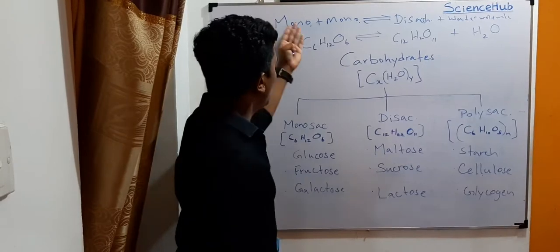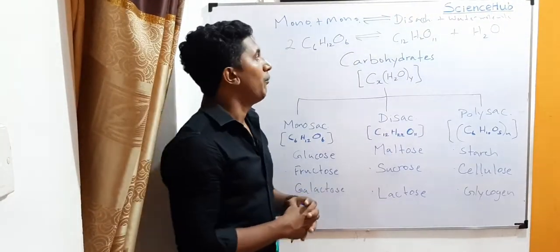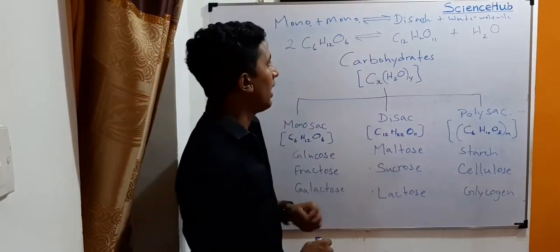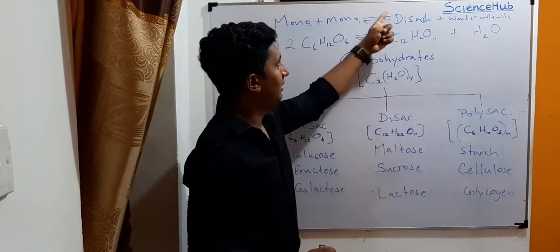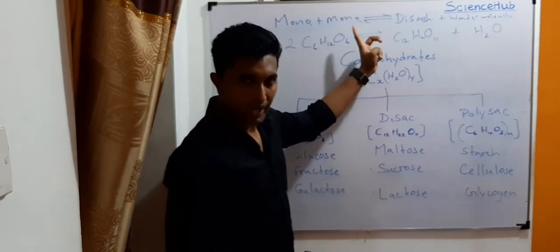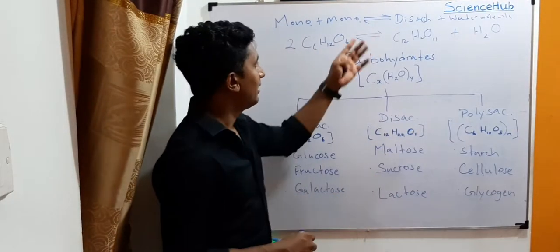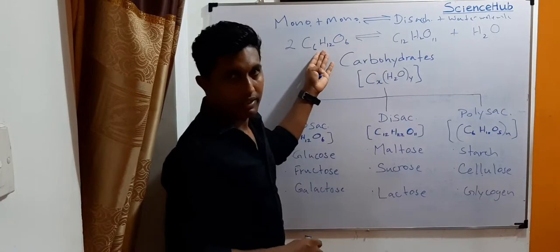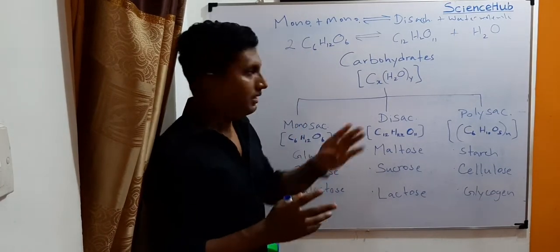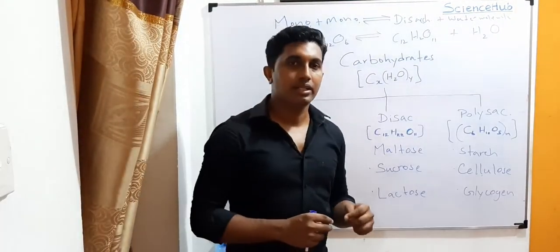Two monosaccharide units can combine to make one disaccharide molecule, and it is a two-way reaction. These half arrows show it is a two-way reaction. We can reverse this reaction to get two monosaccharide units.